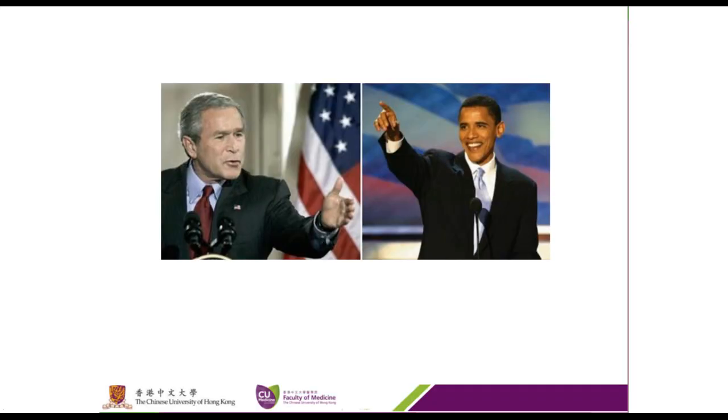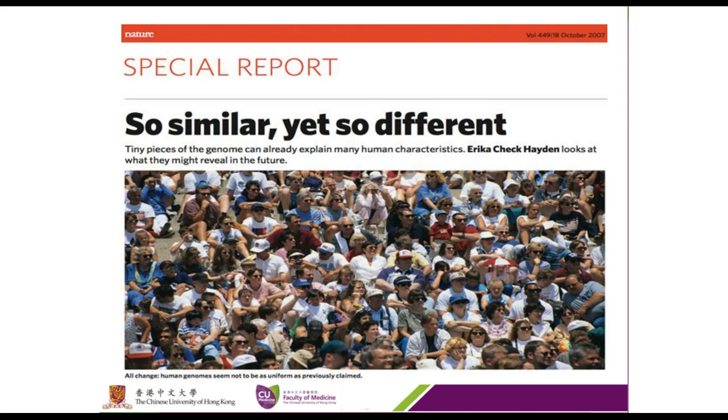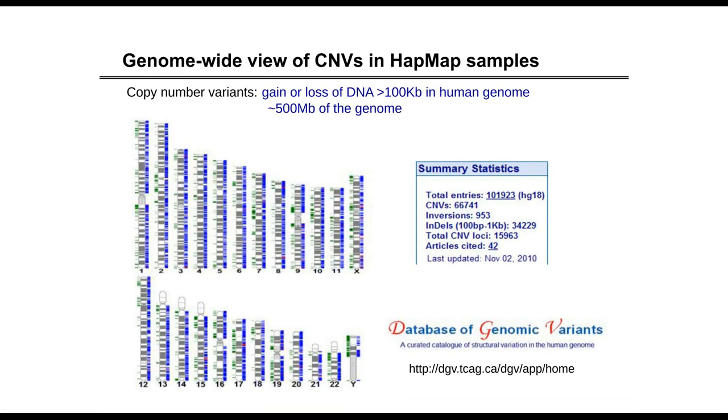Our two presidents from America said that we only have SNP differences that contribute to about 0.1%. In fact, this difference between individuals is not just because of SNPs. There are many small segments of copy number variant changes, like what I show you in this figure, right?